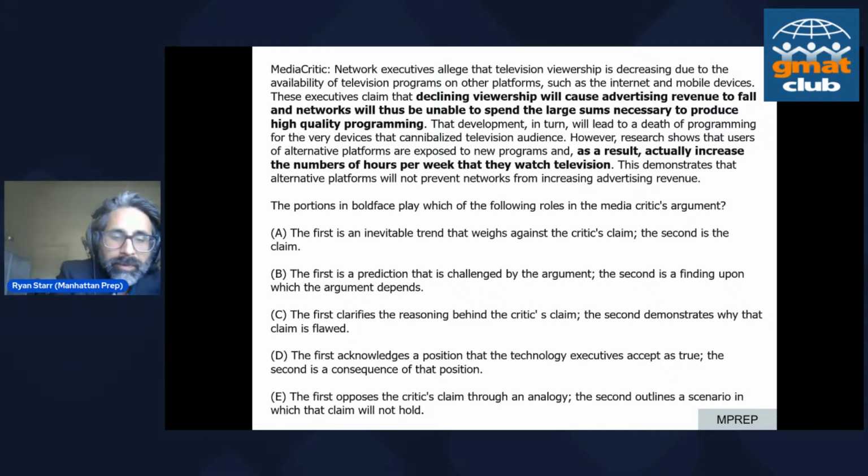It tells you this boldface portion is undeniably a claim of some kind. And even though this argument, as you can see up top, is attributed to media critic, this particular claim is attributed to these executives. And as everybody knows, executives can't be trusted, right? This is almost definitely bad news.